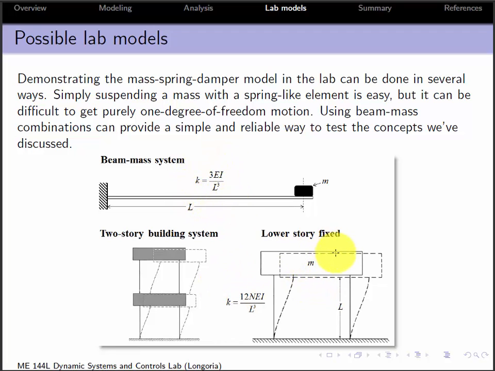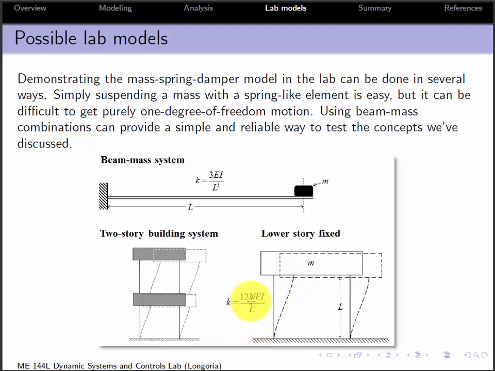But we're also introducing another one here, using this flex guide design that we've talked about. Here's just one story of that, and this is also nice because it's constrained to move in one direction. You can also show that the stiffness of these flexes can be calculated similar to a cantilever beam, but you have to take into account the number of these you have.